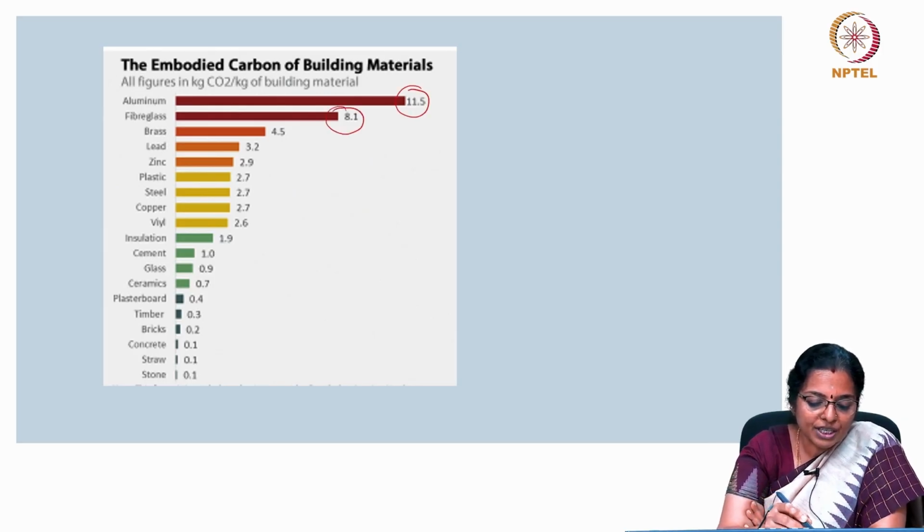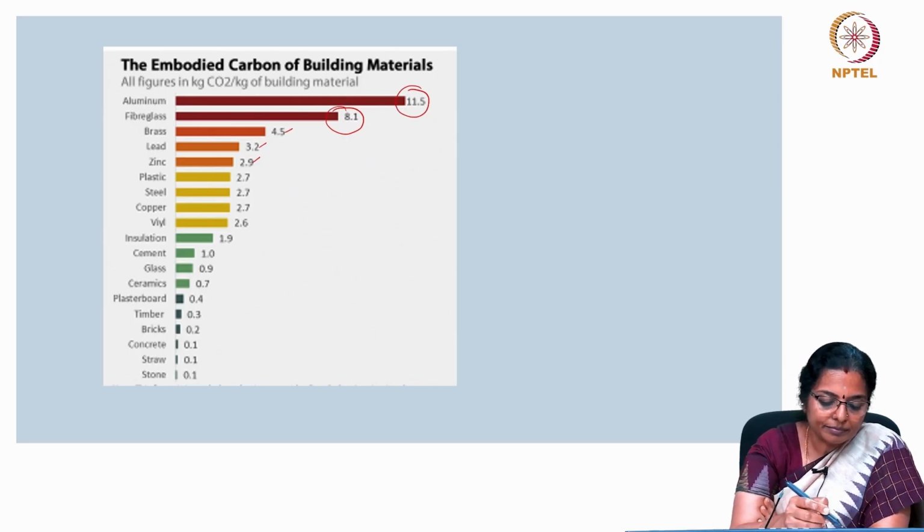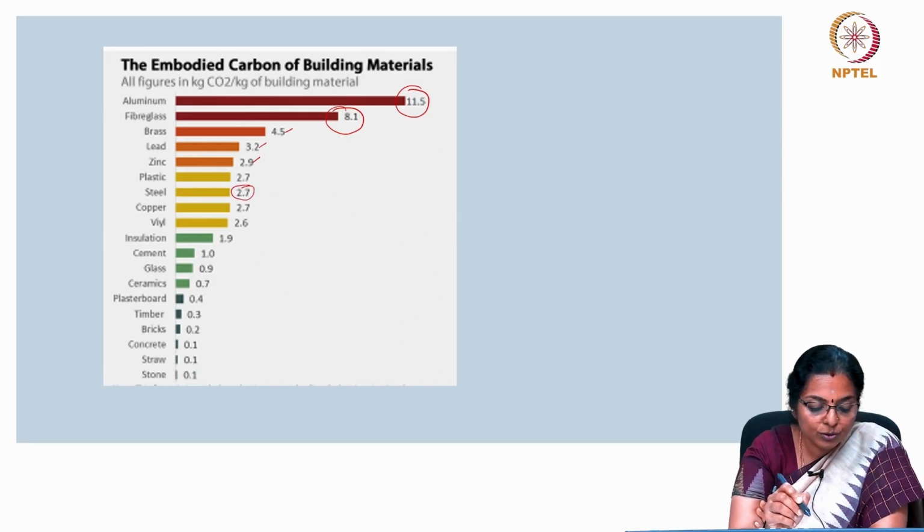I am not mentioning brass, lead and zinc because of the small volume of these materials that we use. However, steel is an important material which is used in larger quantities. Cement is one material and glass is another material.